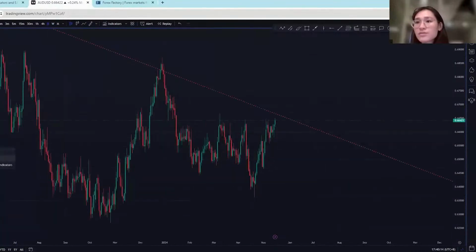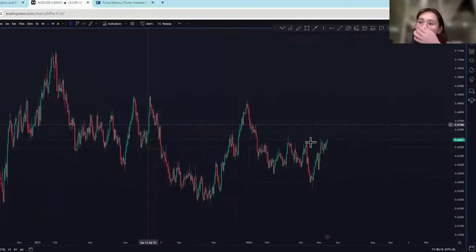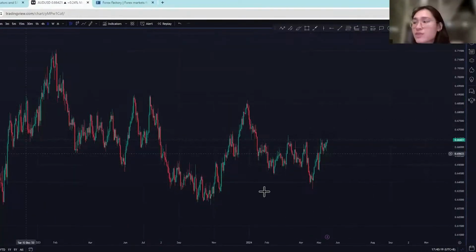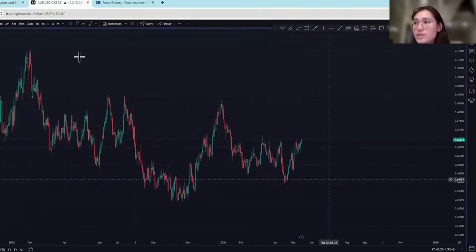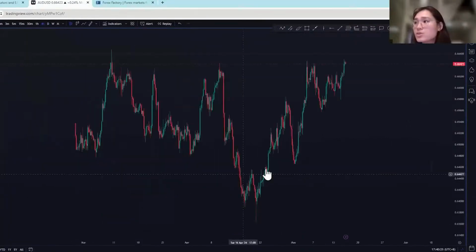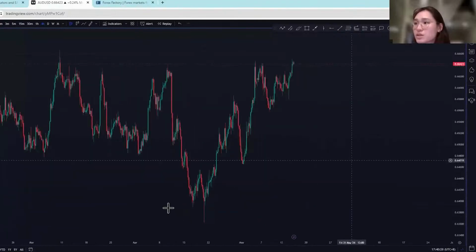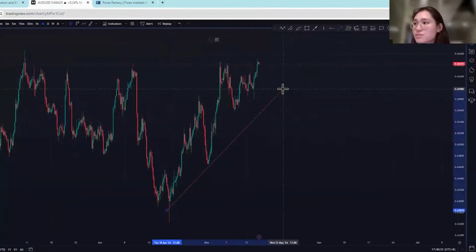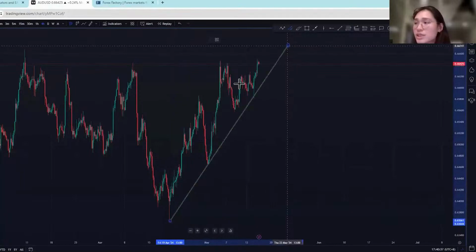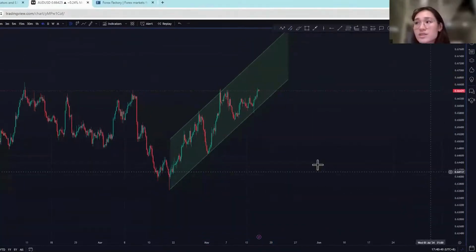Now, on our daily time frame, prices are kind of fluctuating a bit more, moving sideways. Now, on our 4-hour time frame, it actually looks like prices are moving upwards here. Okay, let's see if we have any trend channels or trend lines here. Okay, we actually have prices moving in this ascending trend channel.